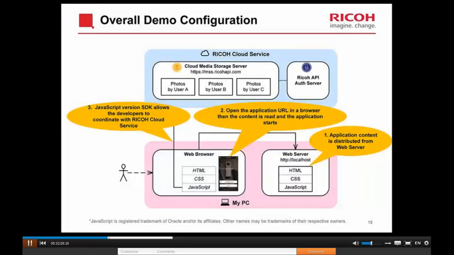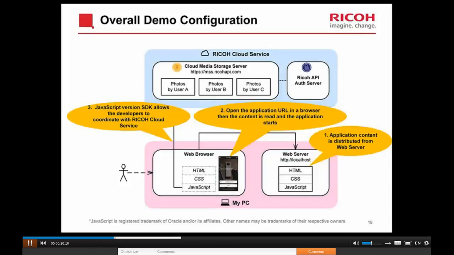The overall configuration of the system demonstrated now is shown in this slide. The configuration is divided into two major parts, the cloud side and the Mac side, my own PC. I set up a web server on my PC side and placed the application content, HTML, CSS, and JavaScript on the server.